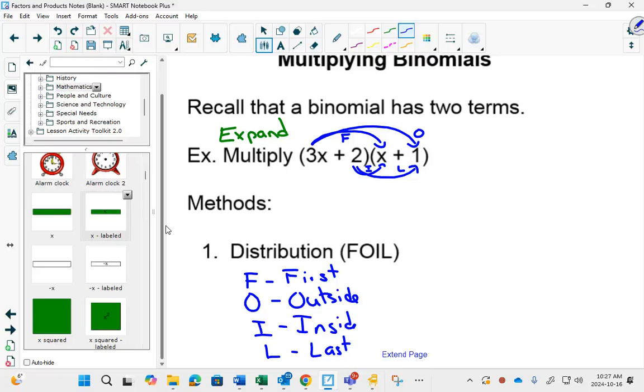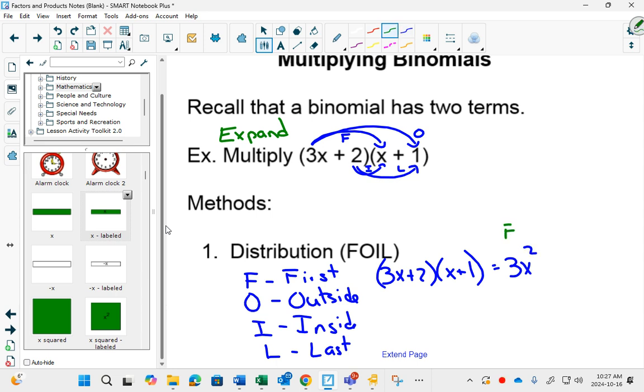So now, if we FOIL this one, what we would get is 3x times x. So maybe I'll rewrite it, 3x plus 2 times x plus 1 equals. And if you multiply the first ones, the 3x times x, you would get a 3x squared.